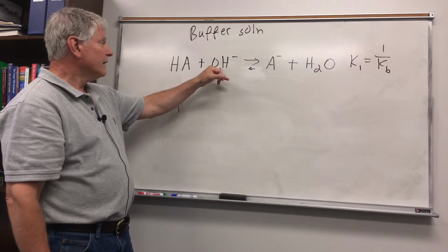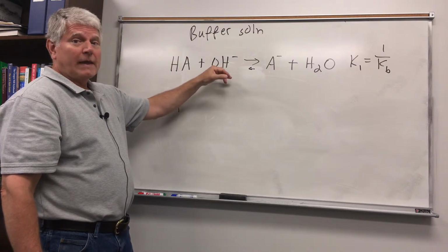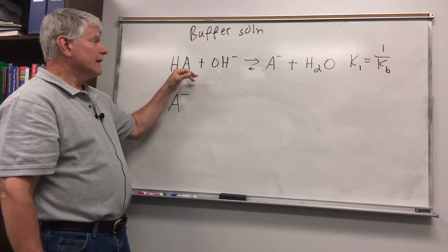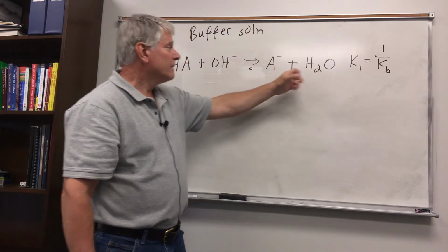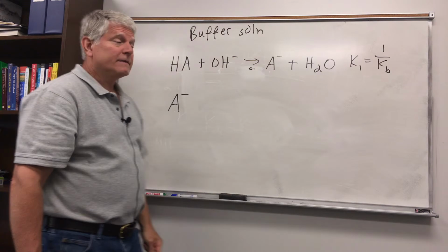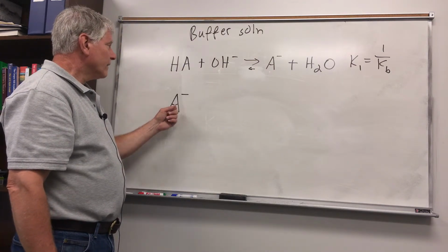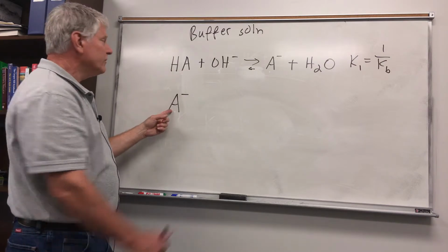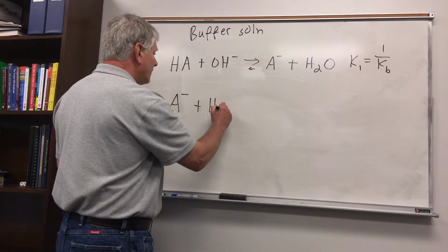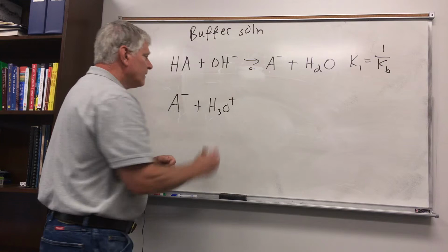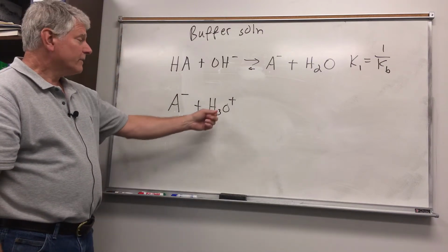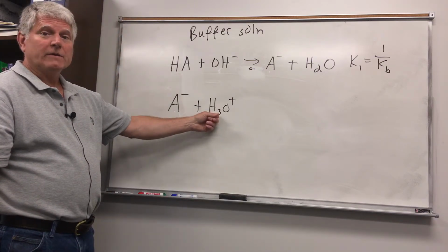So this way, if I add some strong base to a solution with acid in it, it will react to give the conjugate base. Now, say I have the conjugate base also present in solution, and I add strong acid. Strong acid will produce H3O plus in solution.